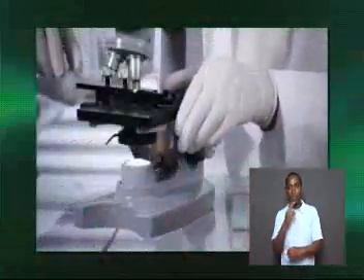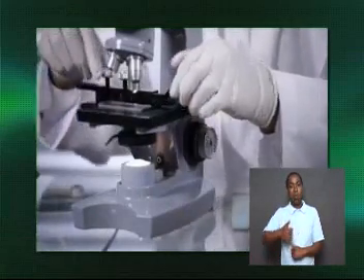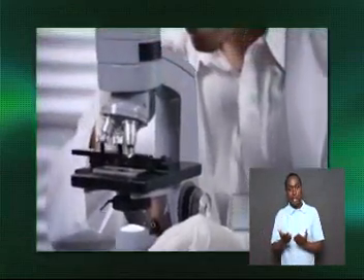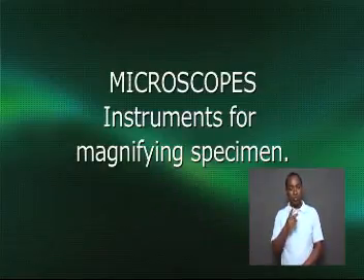Let us start by discussing how microscopes are used to study cells. The microscope is one of the most important tools scientists use to study living organisms. Cells are the building blocks of life, and most can only be seen under a microscope.